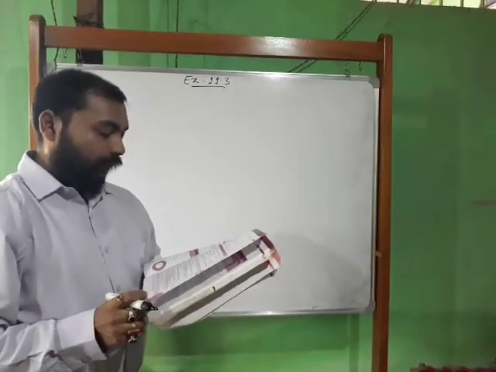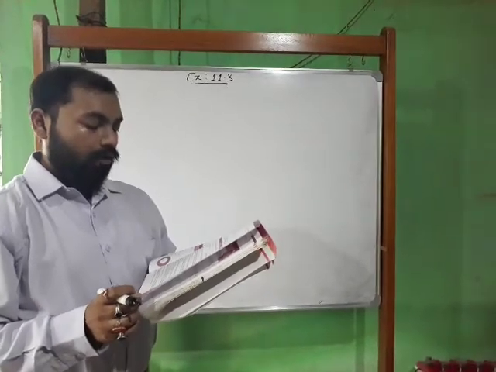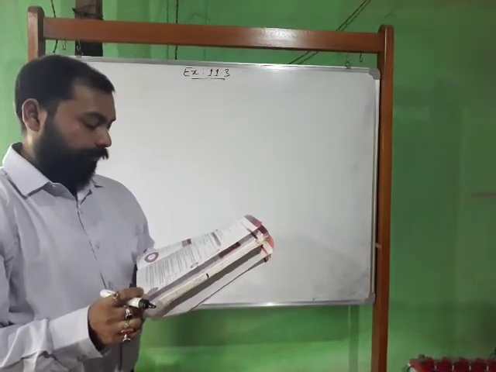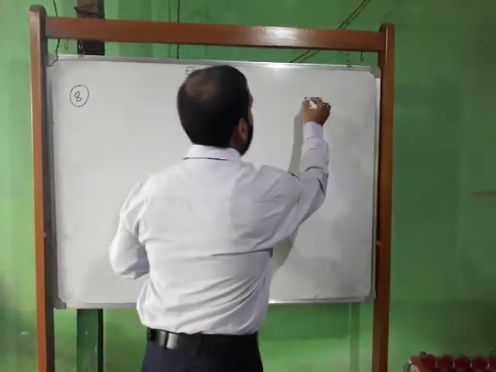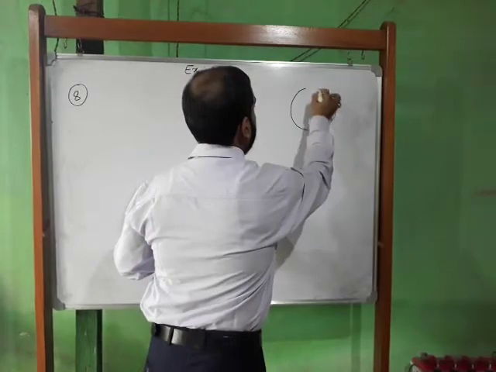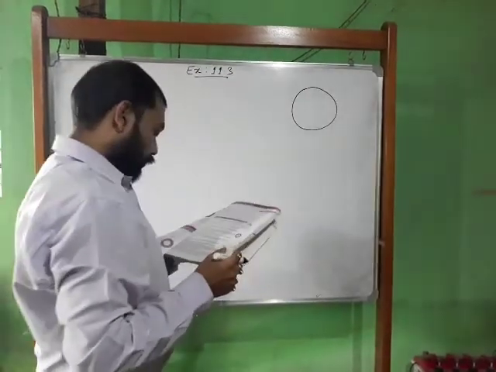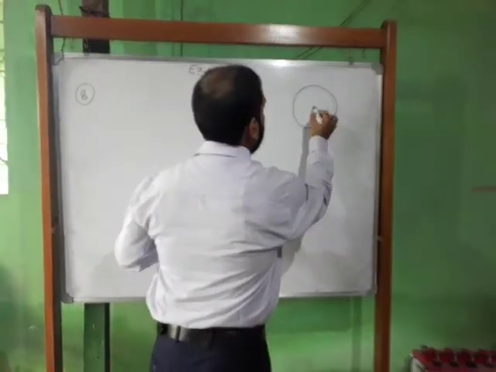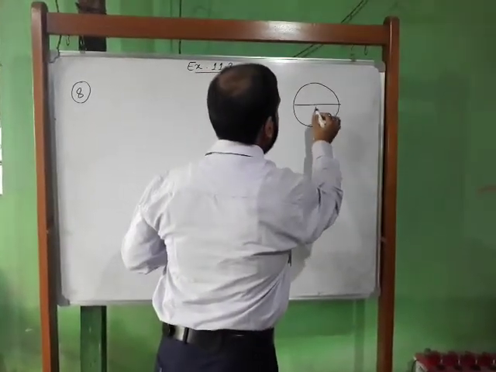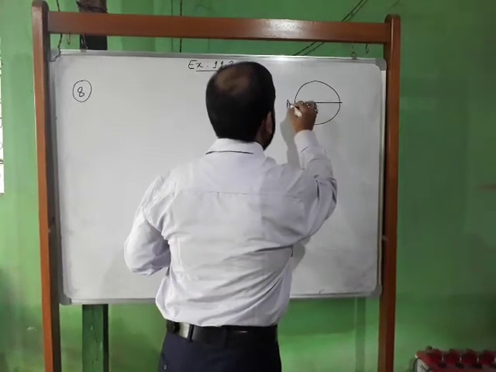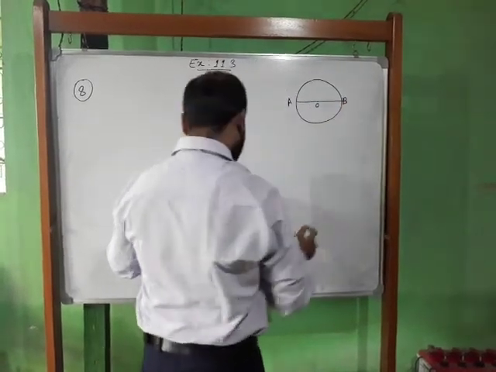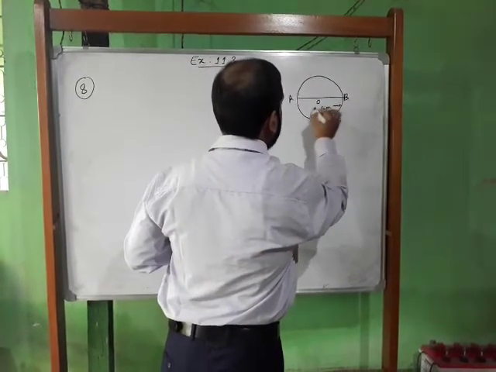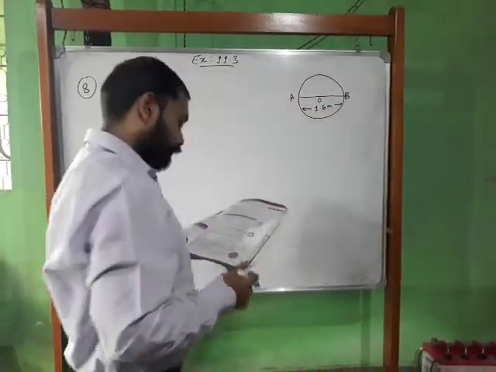So question number 8, find the cost of polishing a circular tabletop of diameter 1.6 meter. It is a circular tabletop, so let us draw a circle. Already it is given the diameter is 1.6 meter. So let us draw the diameter, and give the names A and B. The diameter is 1.6 meter.